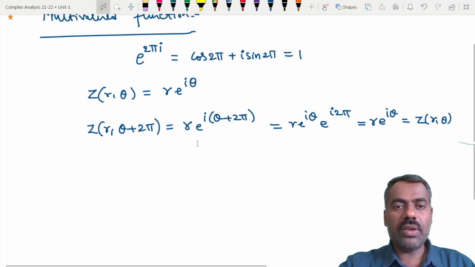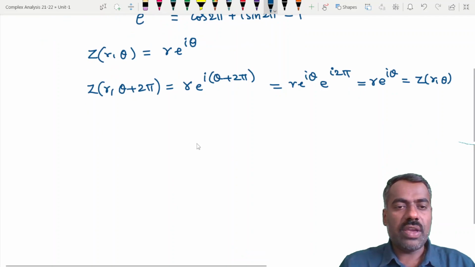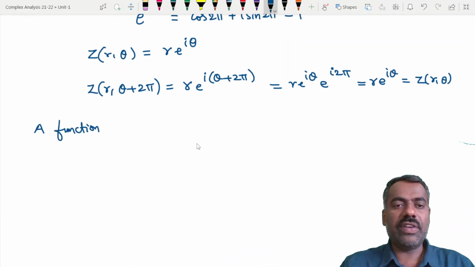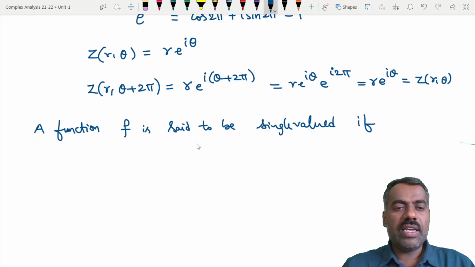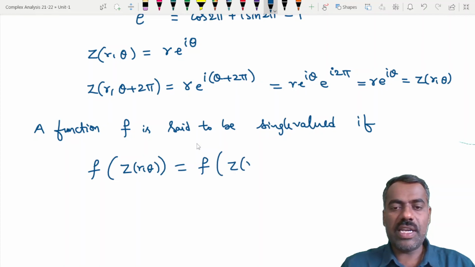Okay, so an analytic function f is said to be single valued if f of z(r, theta) is the same as f of z(r, theta plus 2 pi).